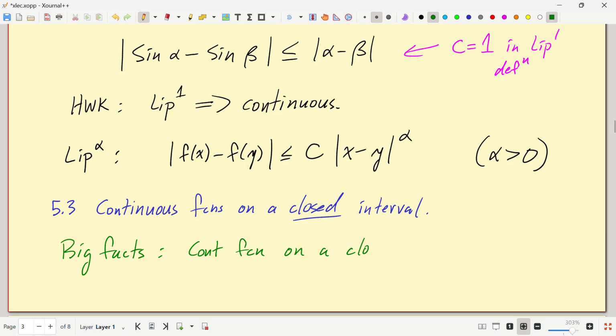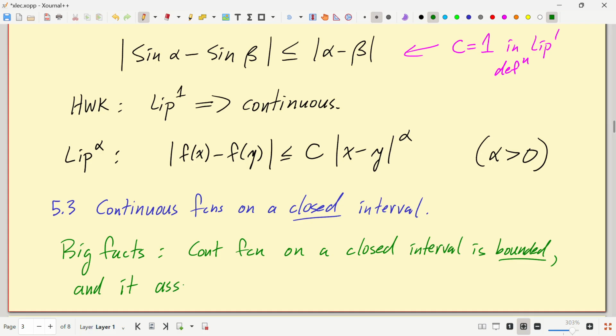That's something that's very believable. It can't blow up. It can't get gigantic. Okay, that's a biggie. And it assumes its max and a min.